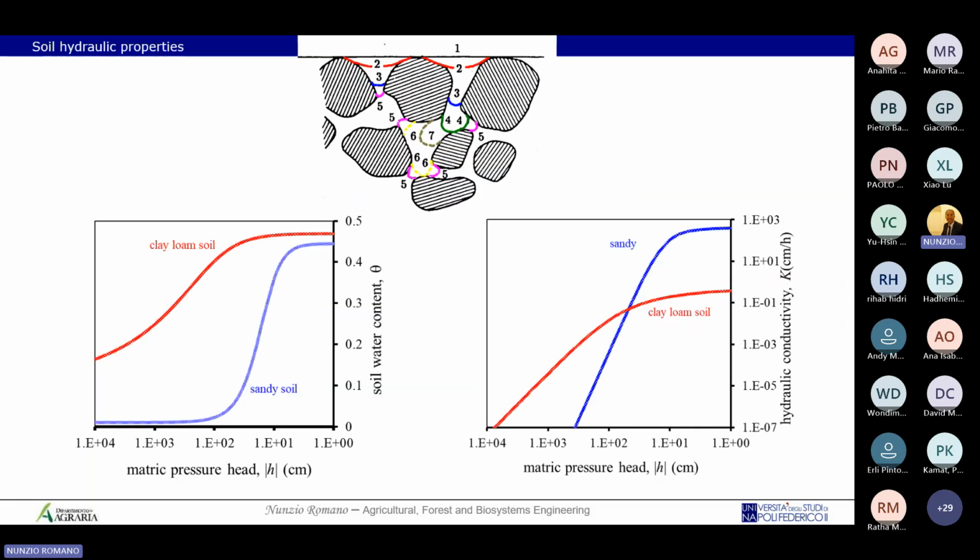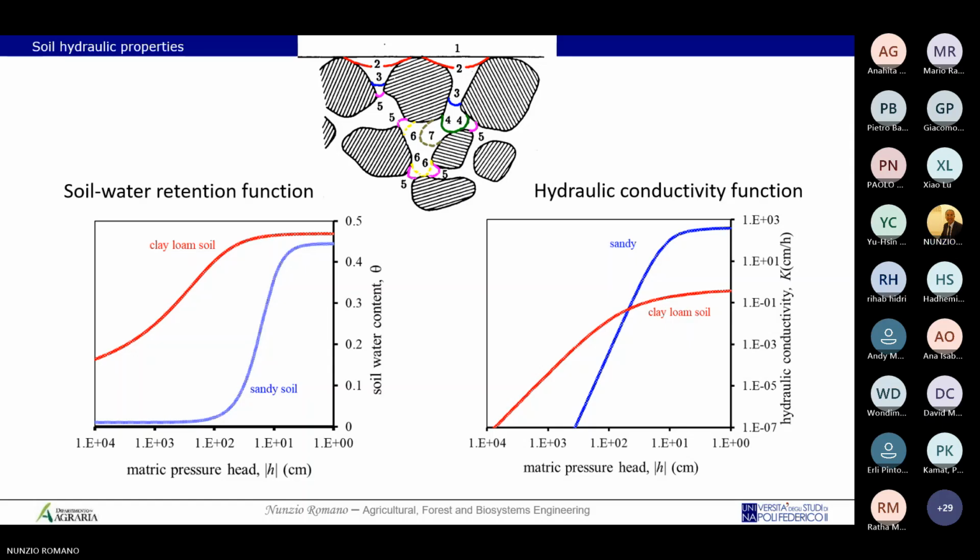These are the soil hydraulic properties, and on the left, the water retention function. This function relates the water content with the matric pressure head. I remind you, the matric pressure head is the matric potential referred to the weight of water. This is why it is expressed in centimeters, in length.